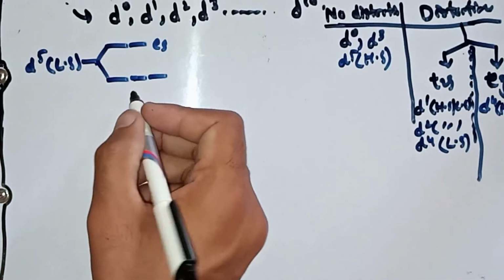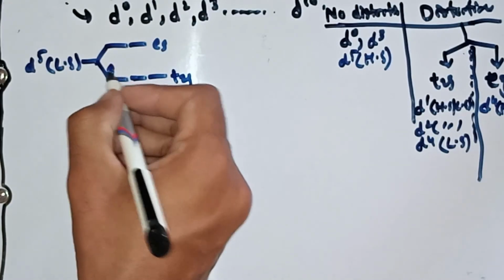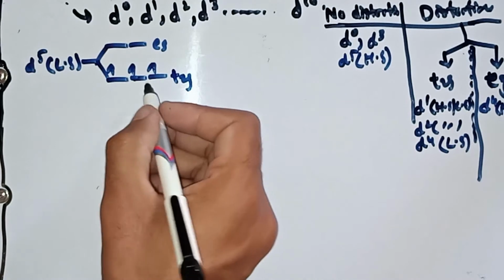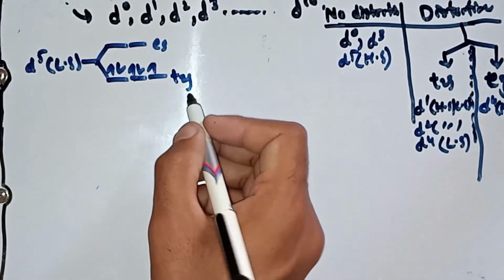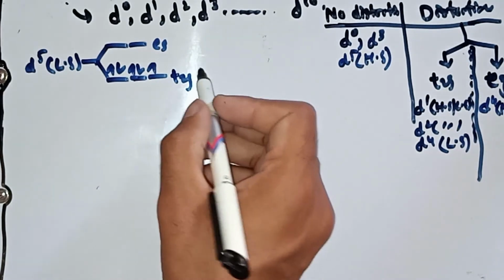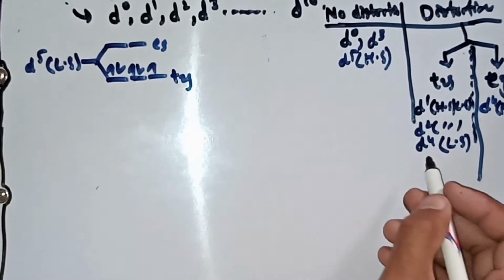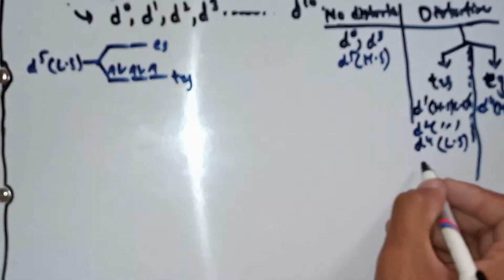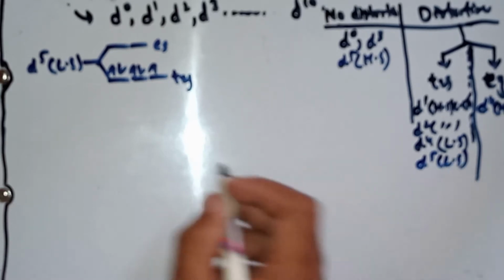So what will happen here? In T2g, the first electrons will go in singly. After that, pairing will occur because of low spin complex. So 5 electrons are complete. So here T2g is asymmetrically filled in low spin complex, so T2g distortion will occur. In case of D5 system, when they are low spin, T2g distortion occurs.